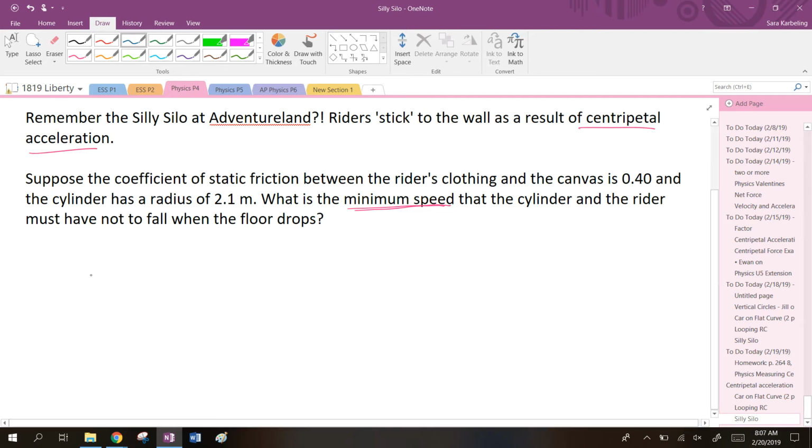So let's think about this from a couple of different perspectives. So here is Grace on the silly silo, and this is while it's spinning and the floor is dropped out. So if we think about the forces acting on her, we've got the force of gravity, the force of the earth on Grace, Fg, right? And then the other thing that we said we had to have here, the thing that's holding her up, is a force of friction. So this is the force of the wall on Grace.